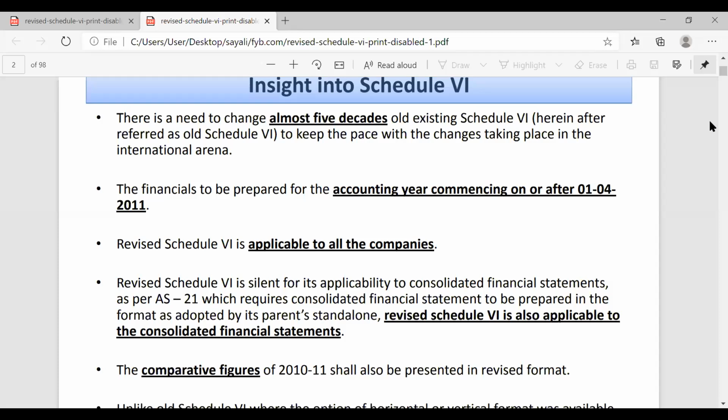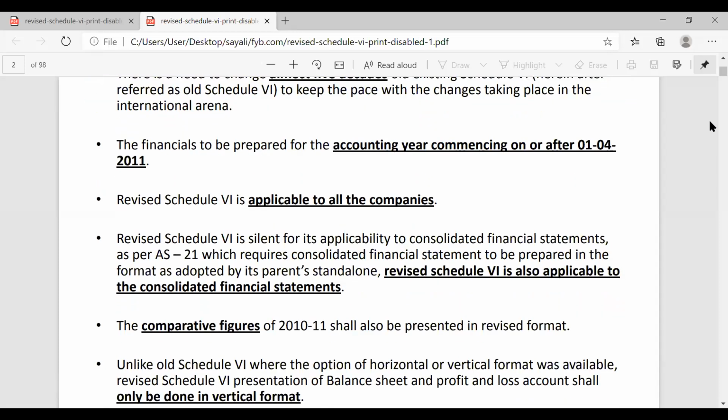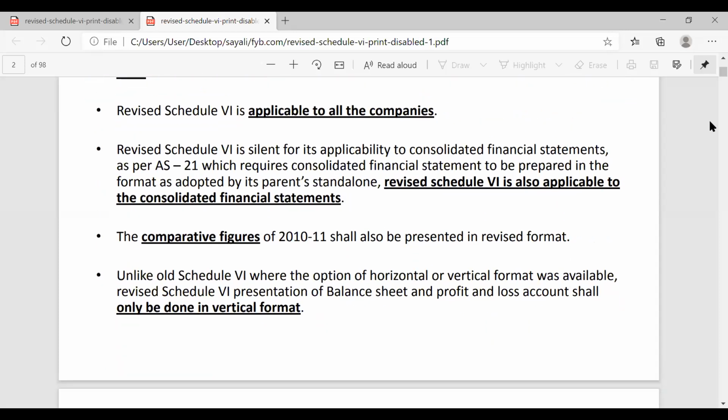Revised Schedule 6 is also applicable to the consolidated financial statement. So you cannot say that it is not applicable to the consolidated financial statement, but it is applicable in some areas. Then comparative figures are present in the revised format, meaning previous year as well as current year values should be present in the books of accounts.